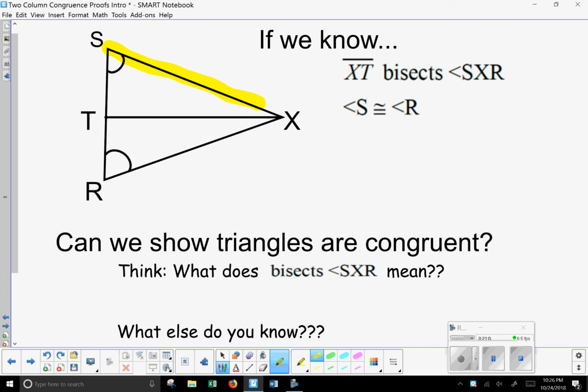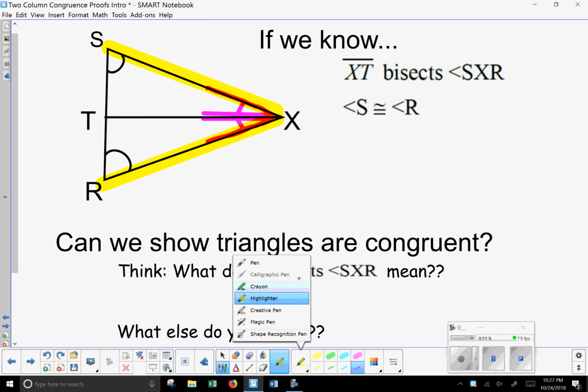Well, I'm bisecting the angle SXR. Bisect means that it breaks it into two congruent pieces. So I know the two angles right here in the middle have got to be congruent. That's what it means to bisect.